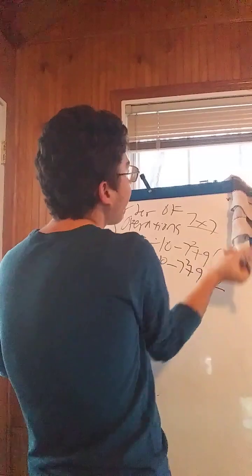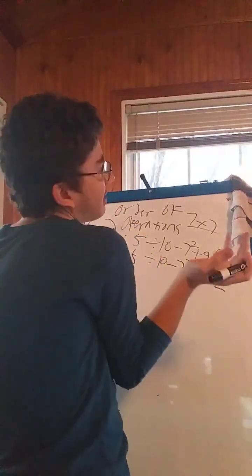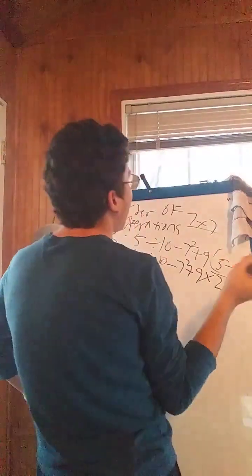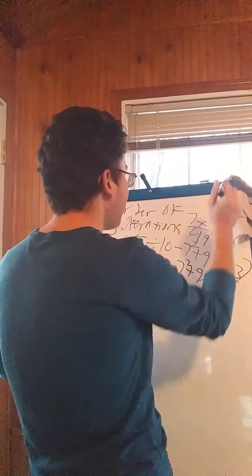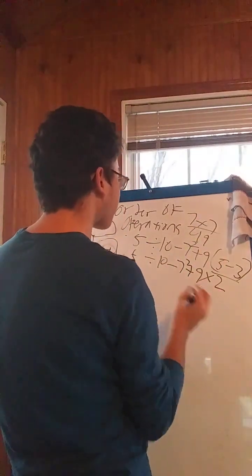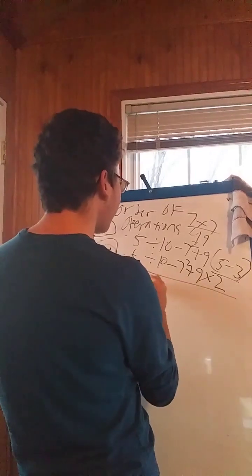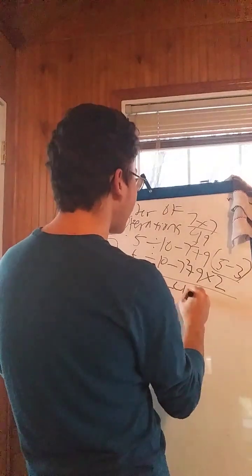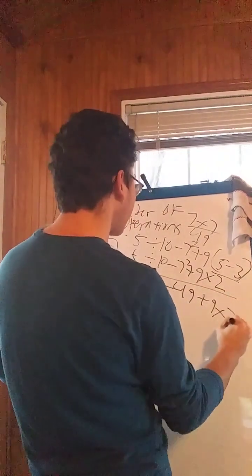So 7 times 7. Obviously, 7 to the first power would just be 7, 7 times 1. So 7 times 7 would be 49. So then, we just do 5 divided by 10 minus 49, think of the 49ers, plus 9 times 2.